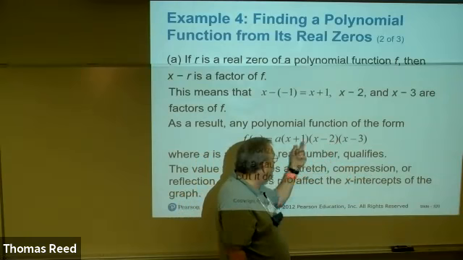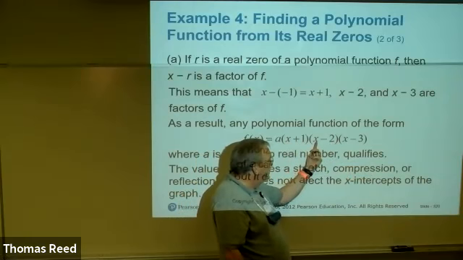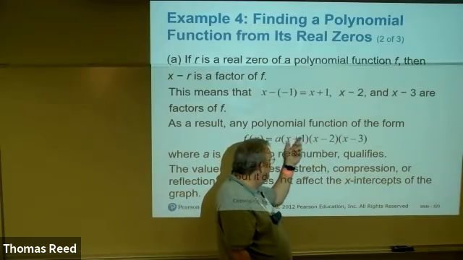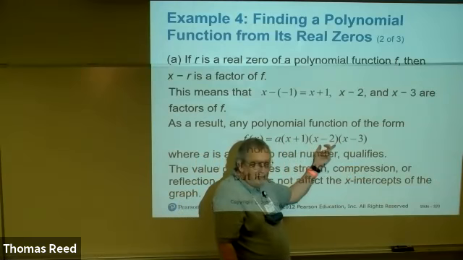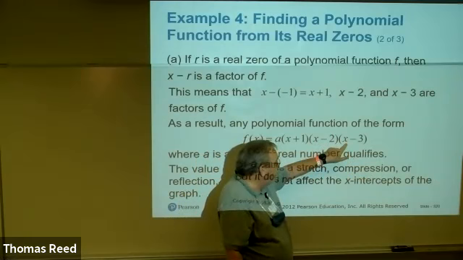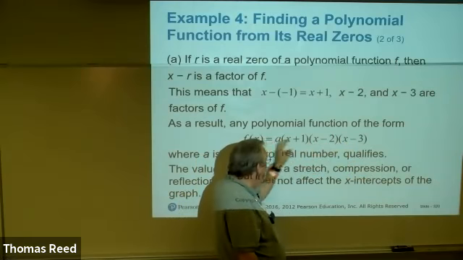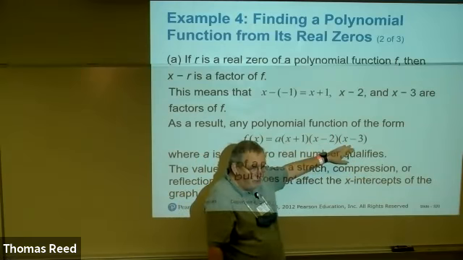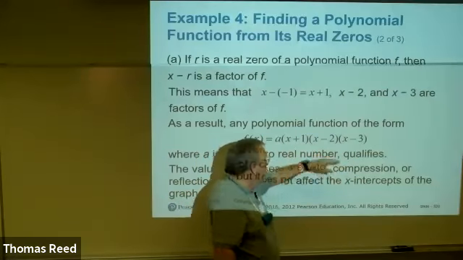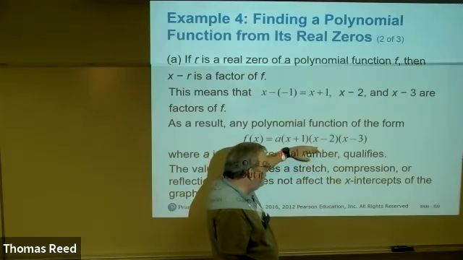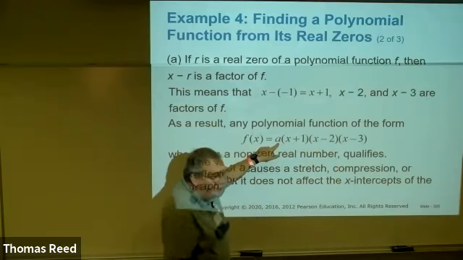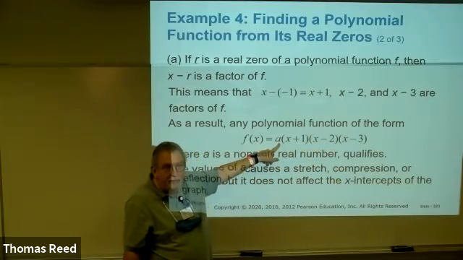If x is 1, if x is 2, it doesn't matter what A is because I'm going to be multiplying by 0 and it's still 0. If x is 3, then I'm still going to get a 0 here, and multiplying anything by 0 is still going to give me 0. So the zeros will still be zeros no matter what the leading coefficient is.